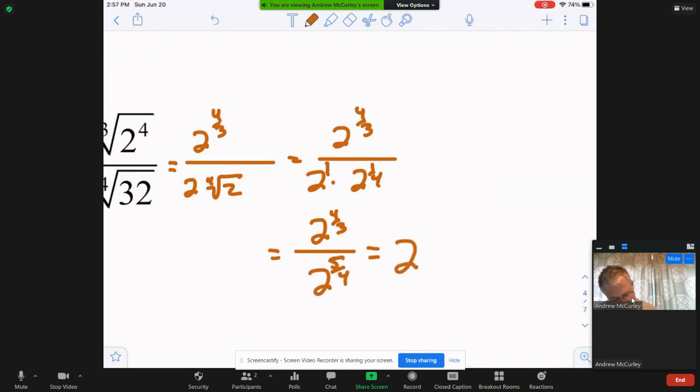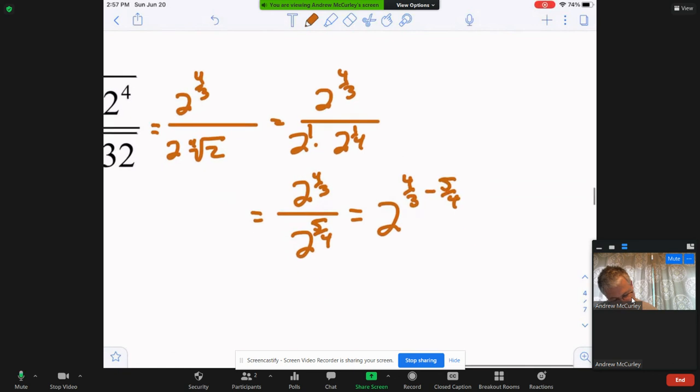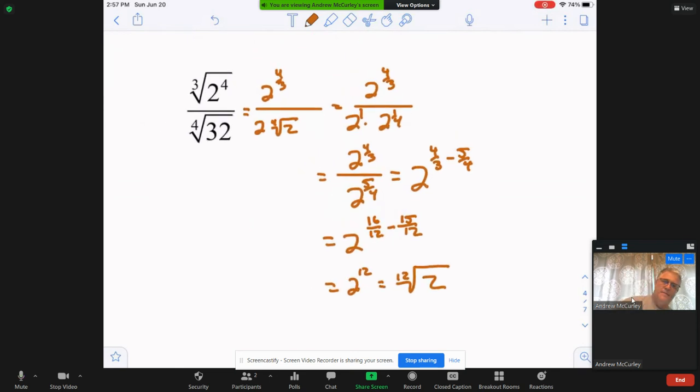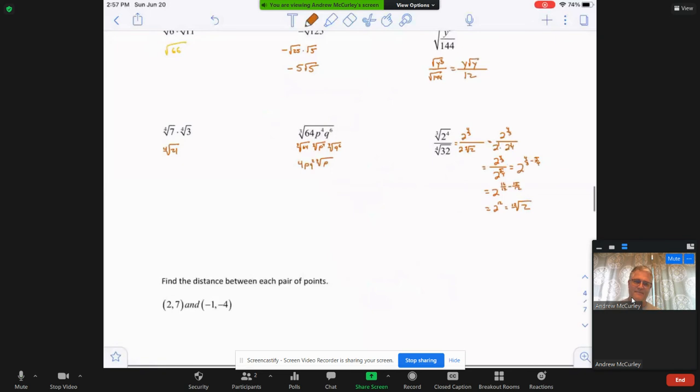Quotient rule now, 4 thirds minus 5 fourths, 12ths again, so that's going to be 2 to the 16 12ths minus 15 12ths, which means 2 to the 1/12, or the 12th root of 2 again. Okay? I like that, because with all 2s, it was basically the same base. It's kind of a fun one to do. Fun one in my mind.